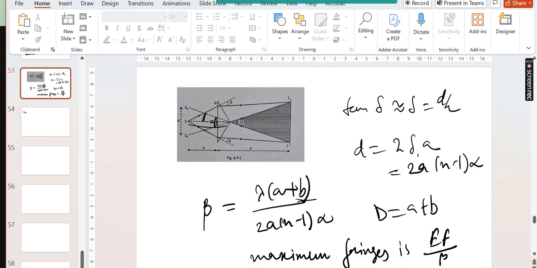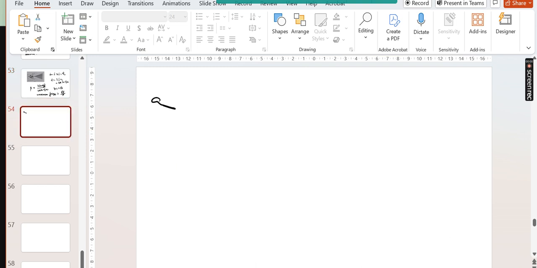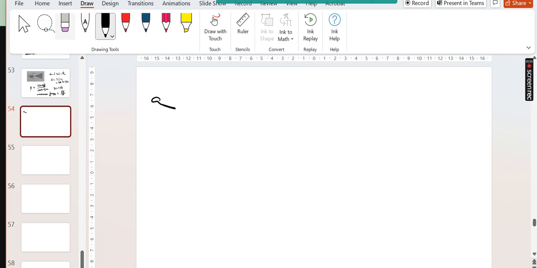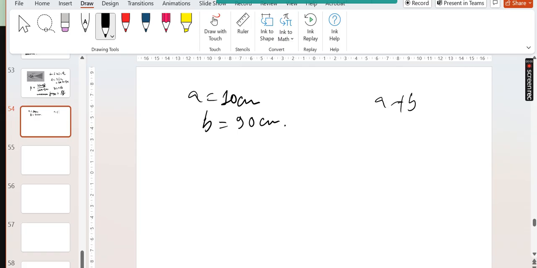A is 10 centimeter, B is 90 centimeter, so A plus B is equal to 1 meter.